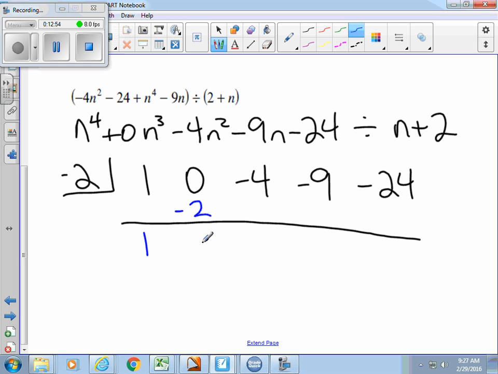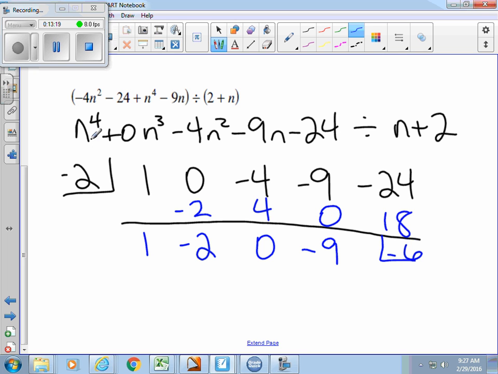If you forgot the 0, has anyone done that on a homework problem yet? Forgotten the 0? What do you notice that's kind of strange when you forget the 0? When you go to write the polynomial at the end, it doesn't have enough terms, right?